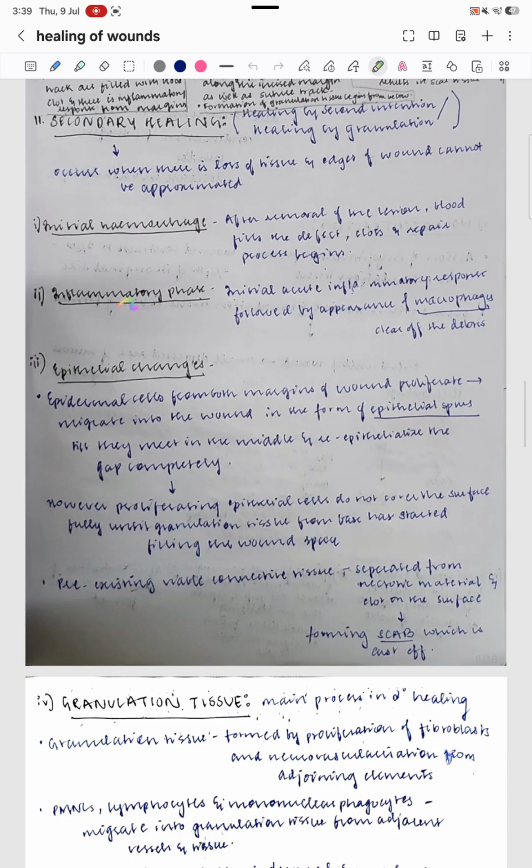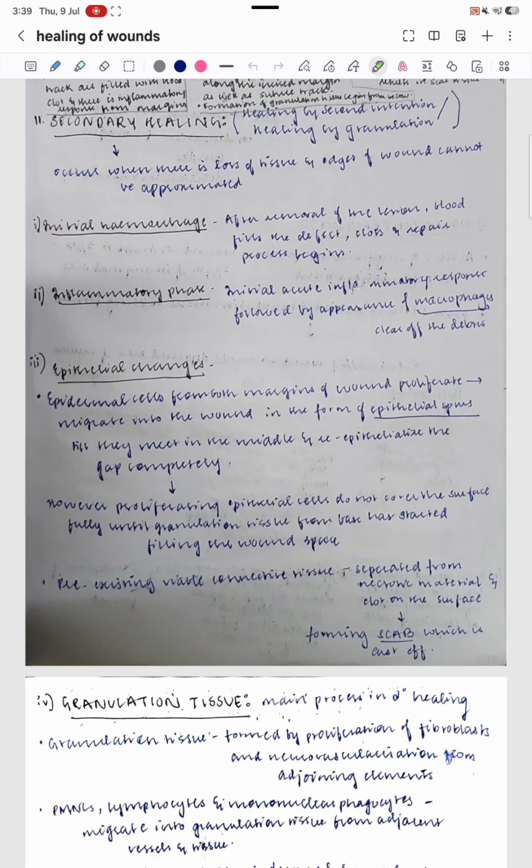Then there is inflammatory phase, in which initial acute inflammatory responses occur. Same way here also, it is very similar to the primary healing, only here what occurs differently is that the borders or the edges of the wound are not approximated.